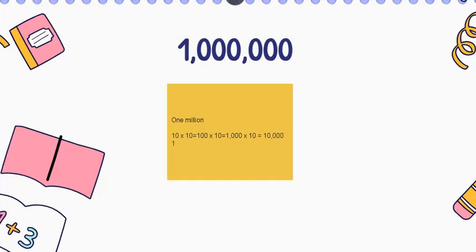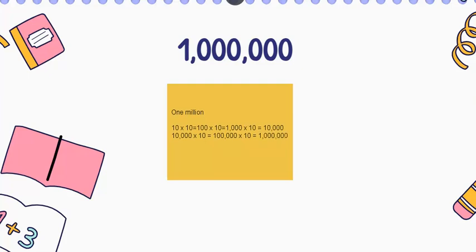Let me move my 10,000 down to the next line. And then we multiply 10,000 by 10 again. That would give me 100,000. And then we multiply 100,000 by 10 again. And that would give us our answer of 1 million.